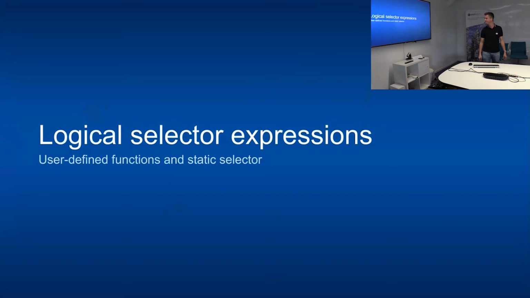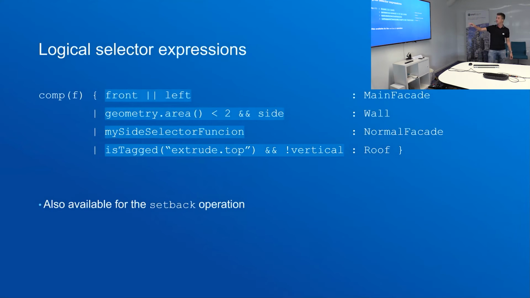On top of that, we stay with the component split, and so far we just offered a set of static selectors where you could decide I want the front component or side components. Now we extended this feature so that you can use logical selector expressions, so you can use your own functions, or you can combine the static selectors. Just some code examples here highlighted.